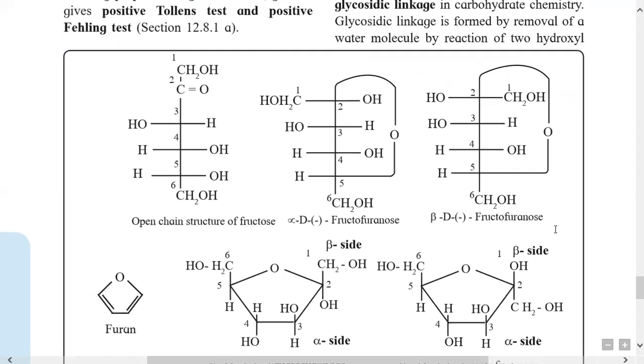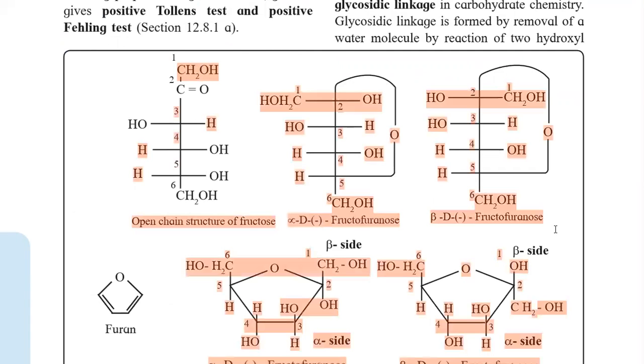We know the molecular formula of fructose is C6H12O6. Its Fischer projection formula can be drawn like this. This is carbon number 1, CH2OH. Carbon number 2 has the ketonic functional group. Carbon number 3 has H and OH groups. Carbon number 4 is again H and OH.